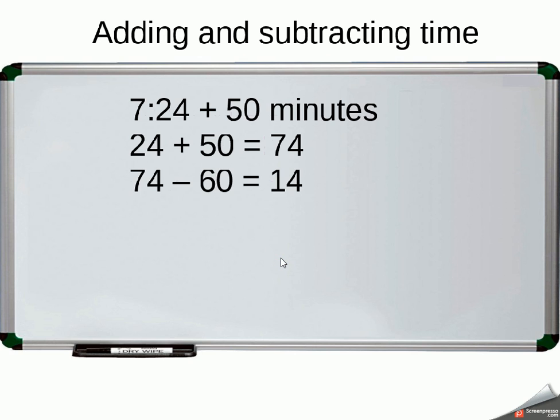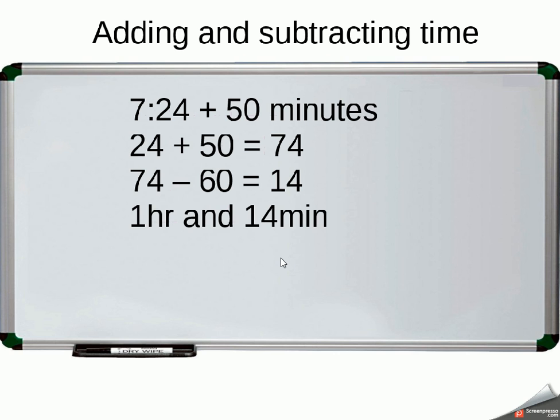Our next thing is to work out how many hours and how many minutes this is. And like we said in the last part, taking away the 60s is the way to work out how many hours it is. So I do 74 take away 60 gives me 14. So when I take away 1 hour, it leaves me with 14.